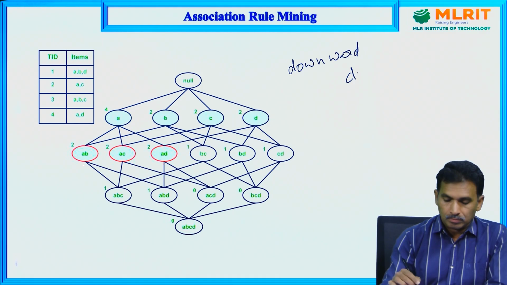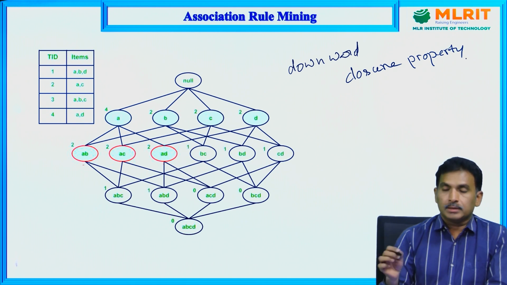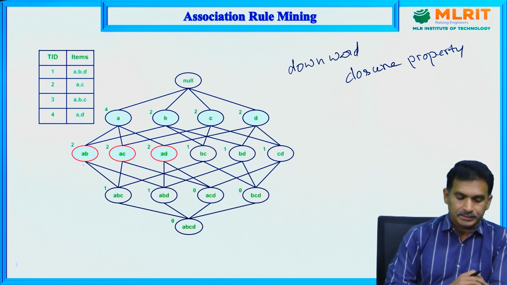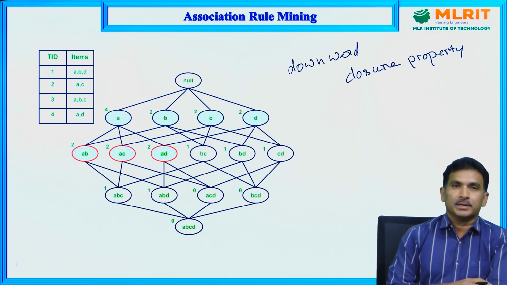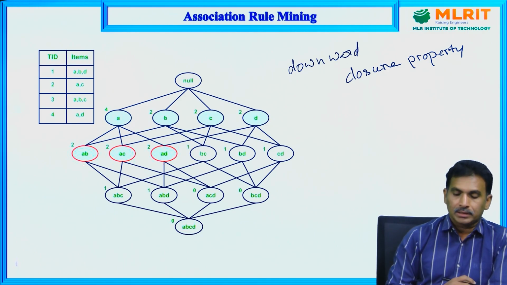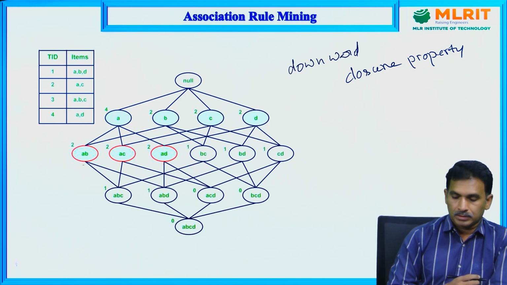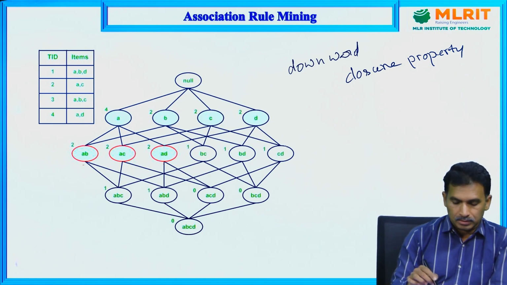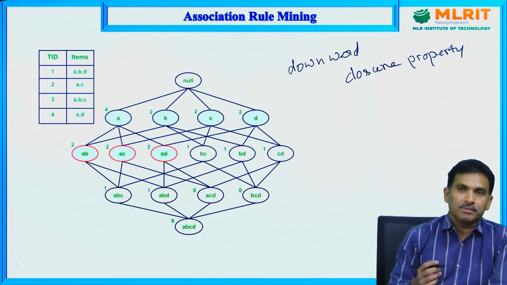Downward closure property. What this property says is, if an item set is not a frequent item set, then its superset will never become a frequent item set.